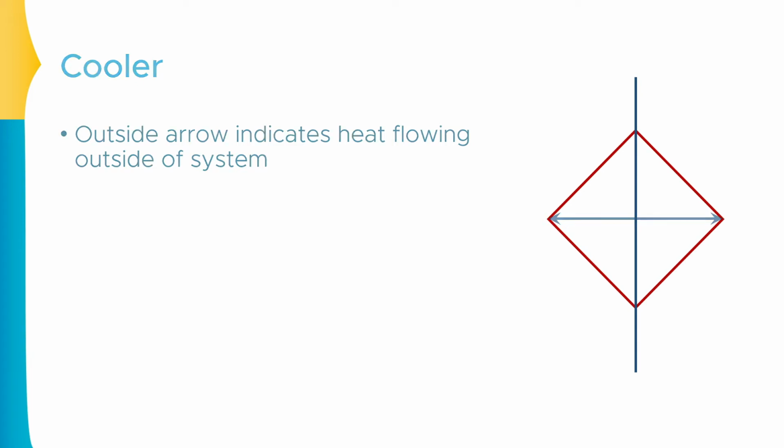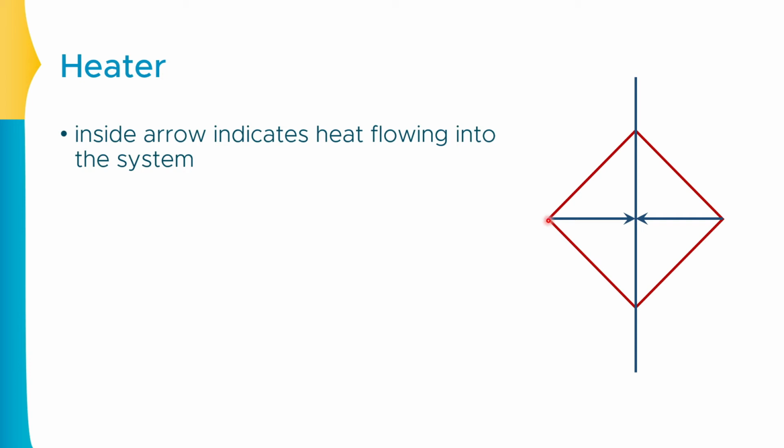It can be simply represented by showing the line going in the inward direction, which is basically the reverse symbol. So this specific thing shows that the heat is flowing towards the main line. The heat is flowing into the system. This is how the heater can be represented.